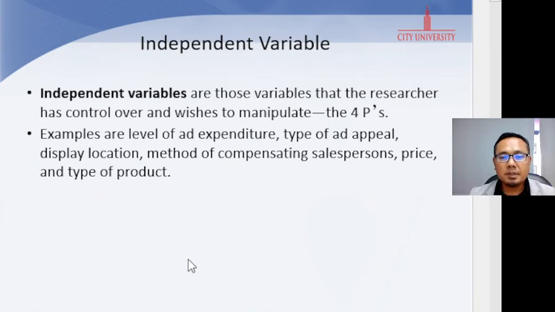So what does independent variable mean? Independent variables are those variables that the researcher has control over and wishes to manipulate. For example, level of ad expenditure, type of ad appeal, display location, method of compensating salespersons, price, and type of product.